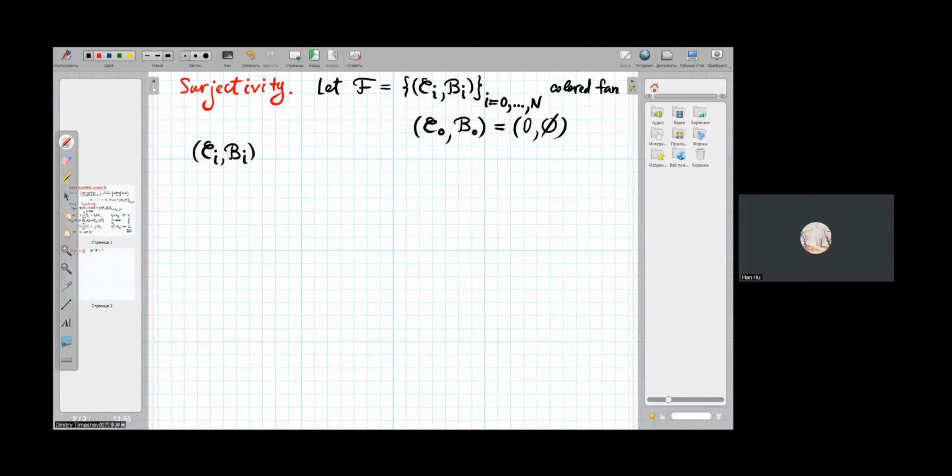And also we know, by the example from the previous lecture, that this colored cone corresponds to the homogeneous variety itself, to Y naught, exactly. Now, for any colored cone in this colored fan, let us take the respective simple spherical variety Xi.